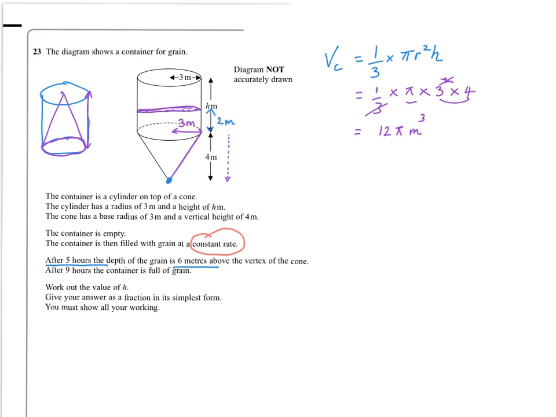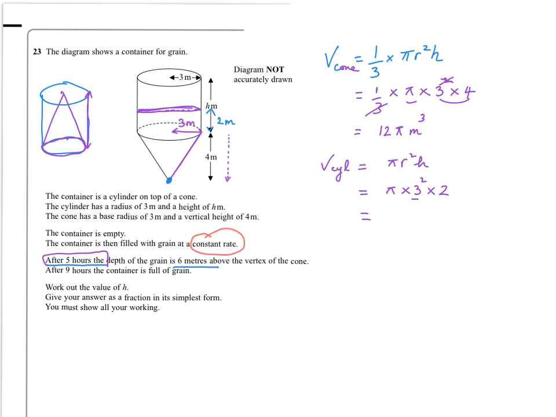Okay, so if that's the cone here, then the volume of the cylinder would be pi r squared h, and pi times the radius squared is still 3 squared times the height. In this case will just be 2, because we're just trying to see how much is filled in 5 hours.